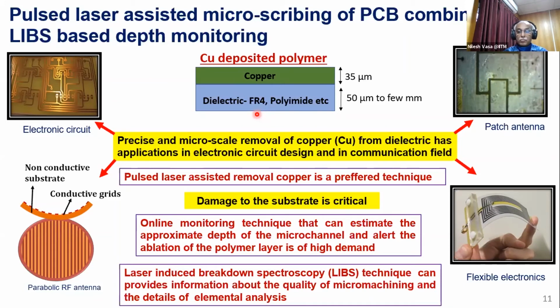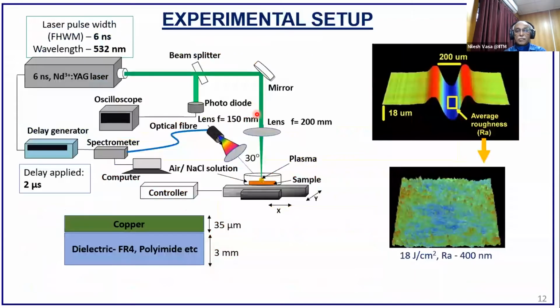This technique is basically the same approach of LIBS, where we use a laser, but here the laser is used for scribing the copper film, and when the scribing process is on, we try to capture the optical emissions from the plasma which is generated during the scribing process.